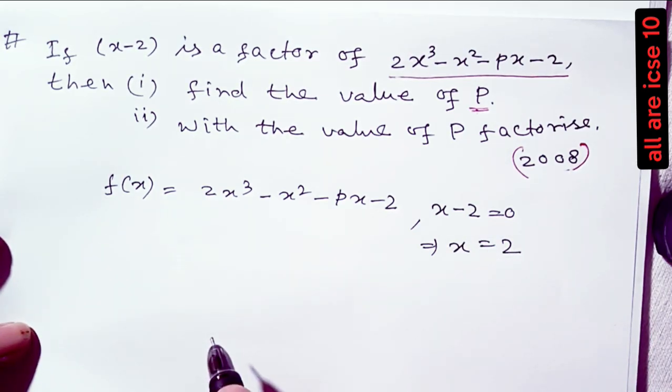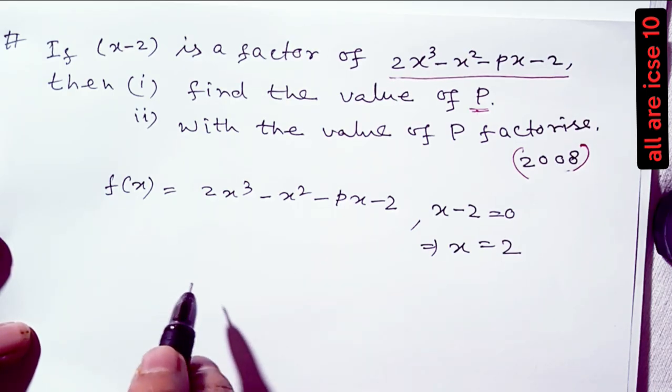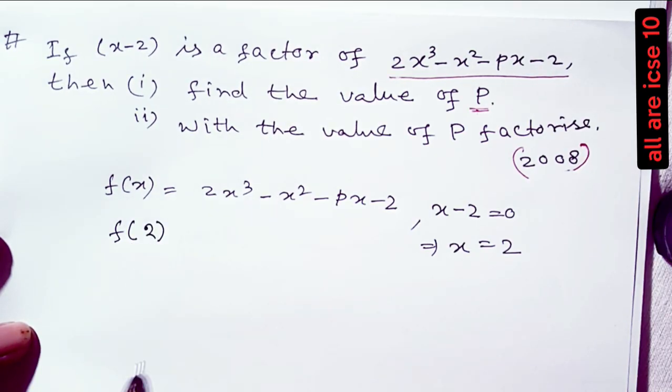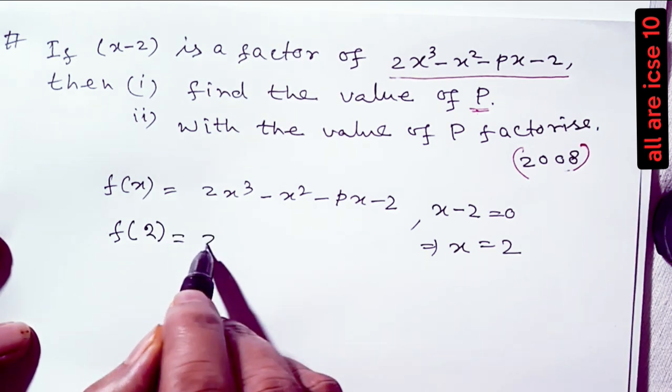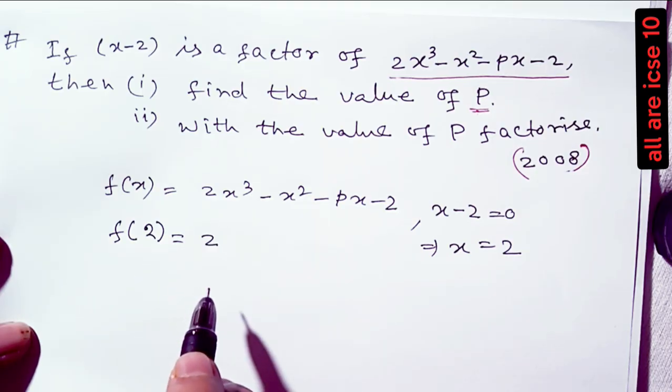Next, if x minus 2 is a factor of the given polynomial, then f(2) will be 0. This is our factor theorem. So we find f(2). f(2) equal to, we put the value of x equal to 2 in our given polynomial.